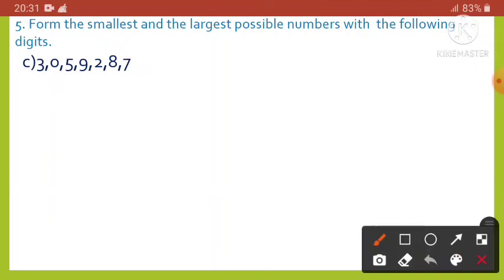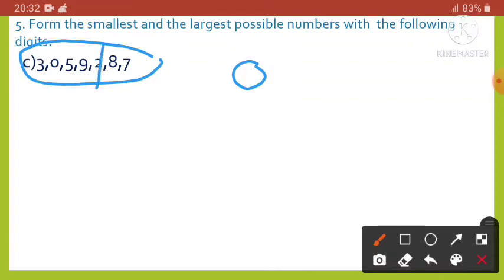We know if 0 is present in the number, then write 0 at the second position, and on the first position you have to write the second smallest number. So here it is 2, so write 2 here. So 2 and 0 already we have taken. So next smallest number is 3, so here it will be 3.